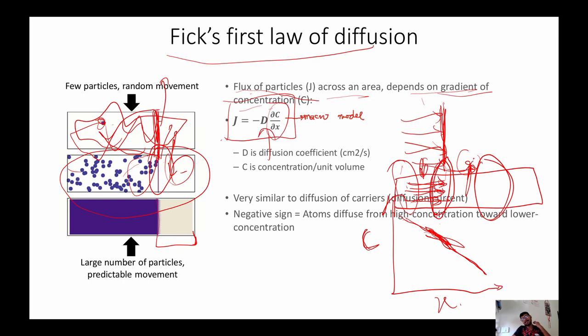Mainly the PN junction is the base for most of the devices, so if you get expertise in the PN junction, you can solve most of device physics. Here the negative sign is because the atoms are moving from the higher concentration to the lower concentration.